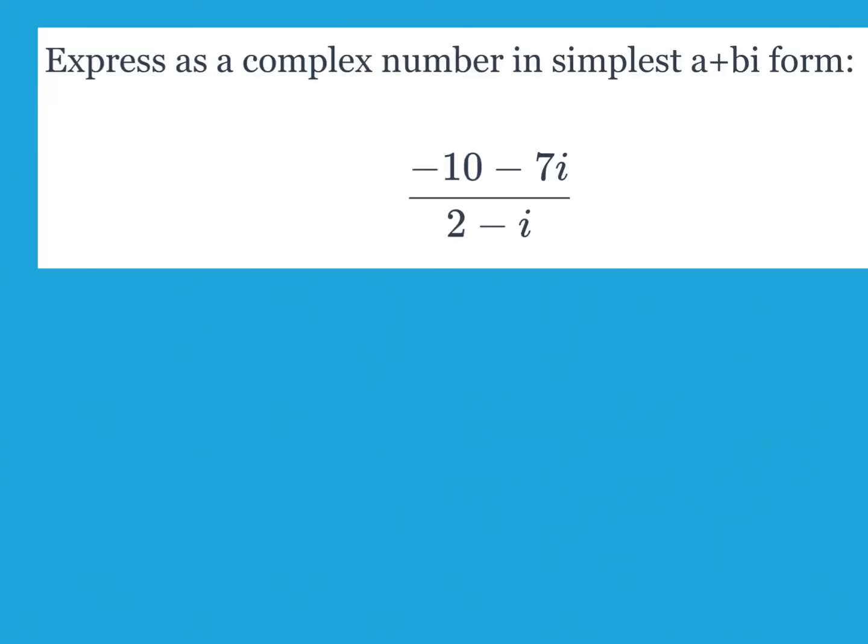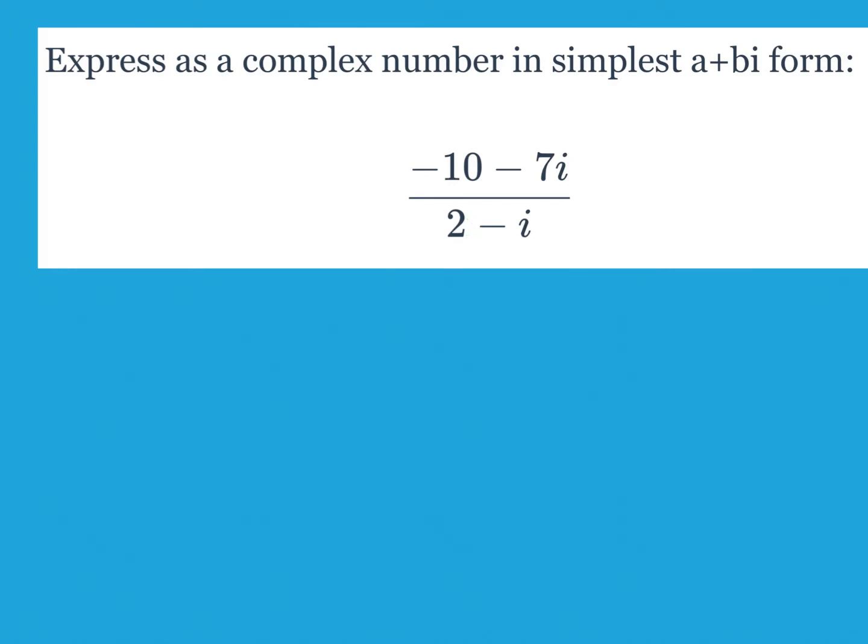All right, now we're going to talk about how we use this in actual problems. So we cannot have an i in the denominator because an i is a radical and radicals do not belong in the denominator. So I've got to get the i out of this denominator. I cannot just multiply times negative i, because then the i would just move over to the 2 and it doesn't accomplish anything.